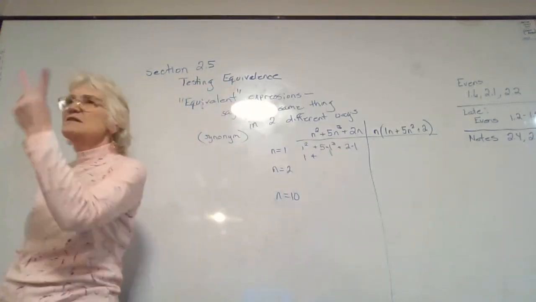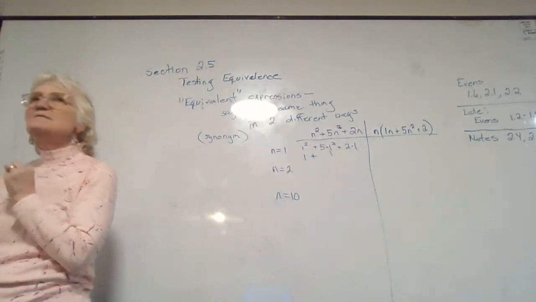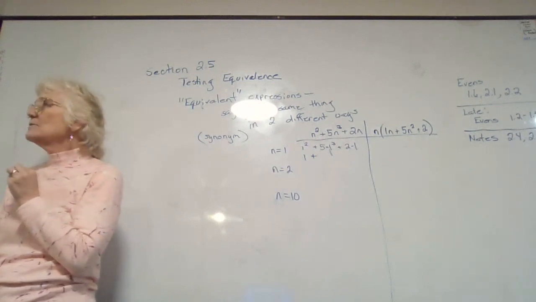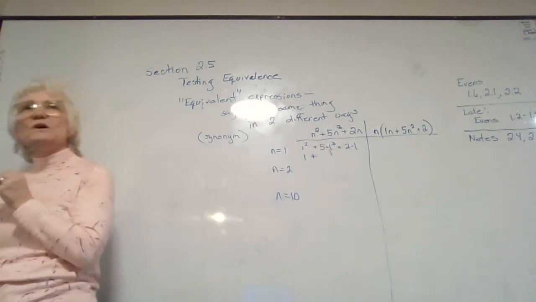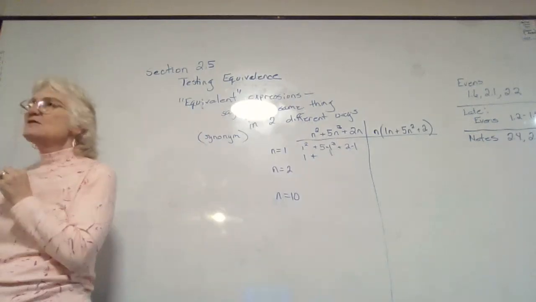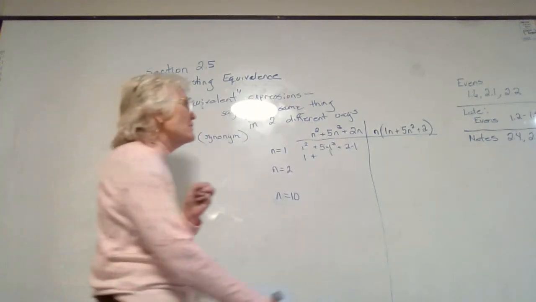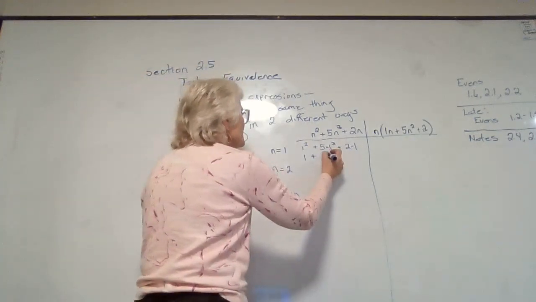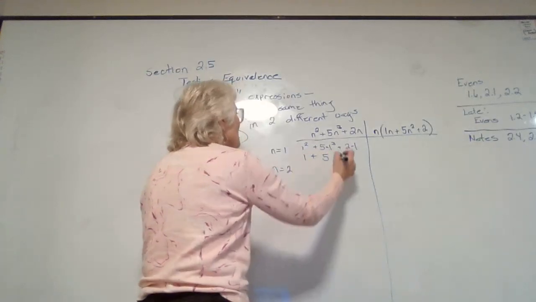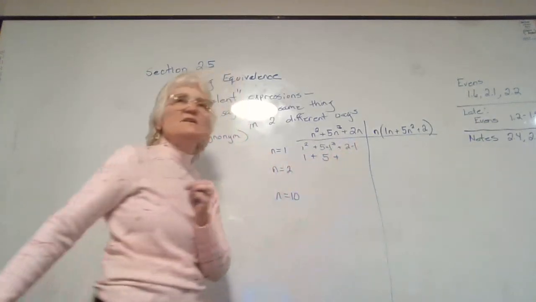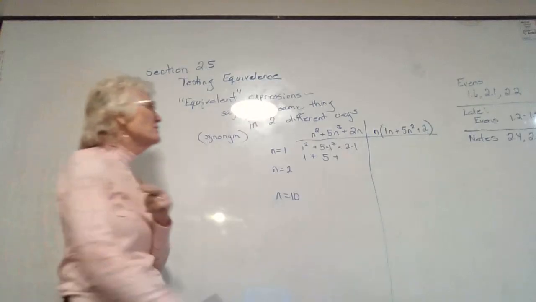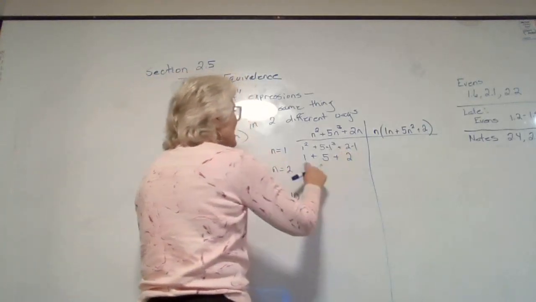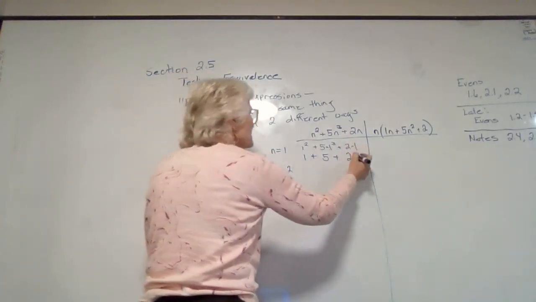If I take 1 times 1 times 1, what do I get? 1. 1 times 1 is 1 times 1 is still 1. So 1 times 5 is going to be what? 5. 2 times 1 equals what? 2. So for this one I get 8.